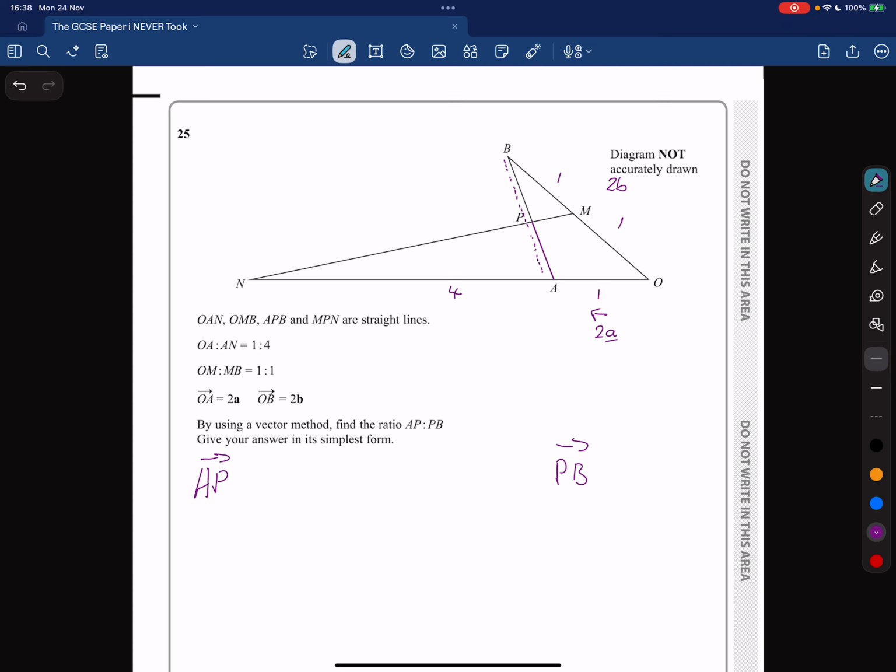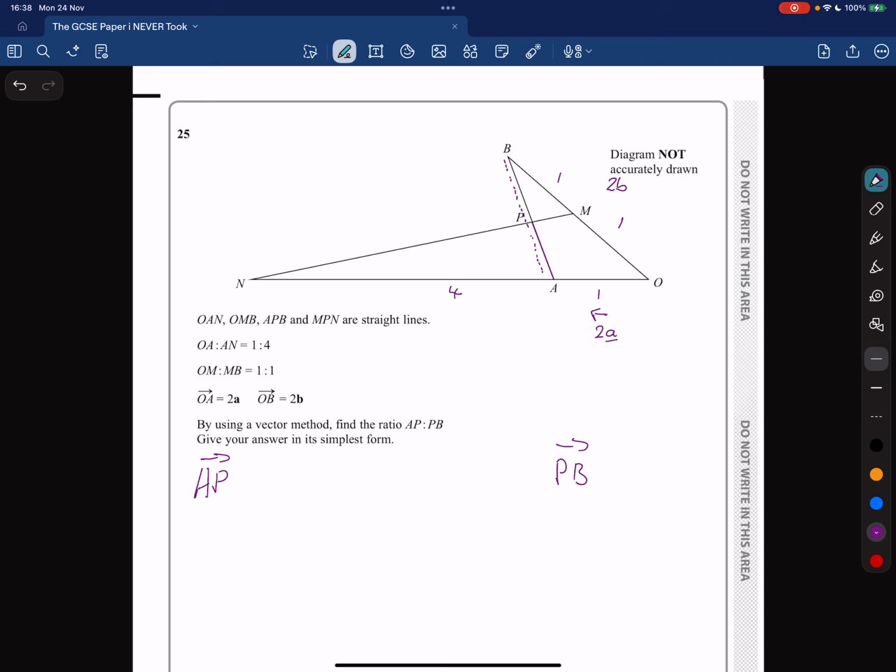O to A. So we need to get to P. So we can go O to N to M. That's what we need to do, because this is the ratio.